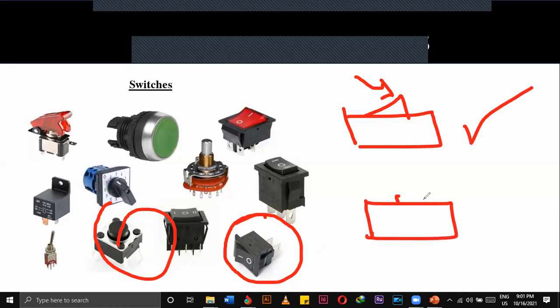Push button is like this. When we are pushing, it will be turned on. If we take our hand off the button, the switch will be turned off. That is how it works. So there is a difference between a push button and a toggle switch.